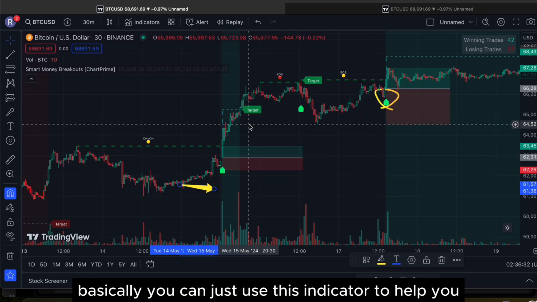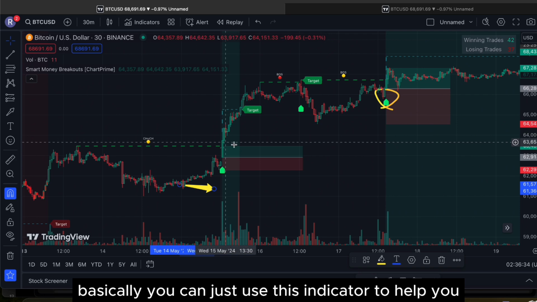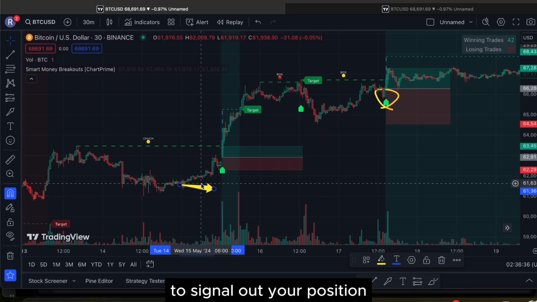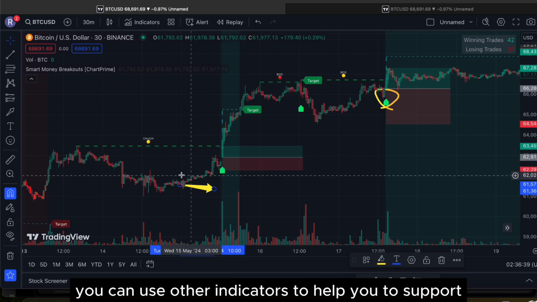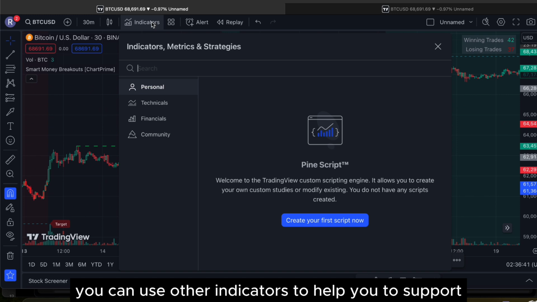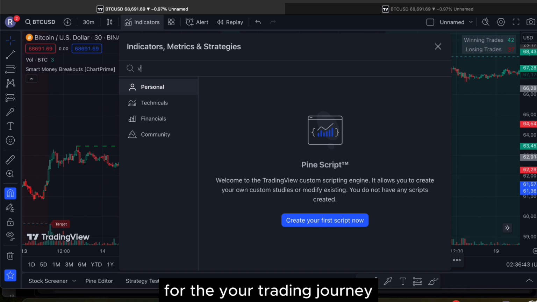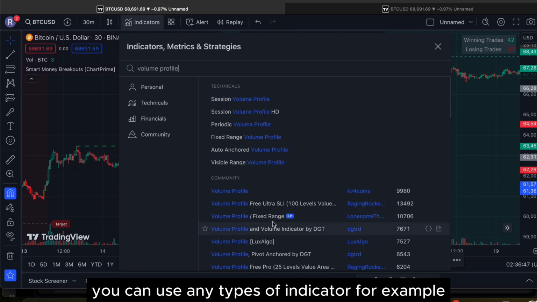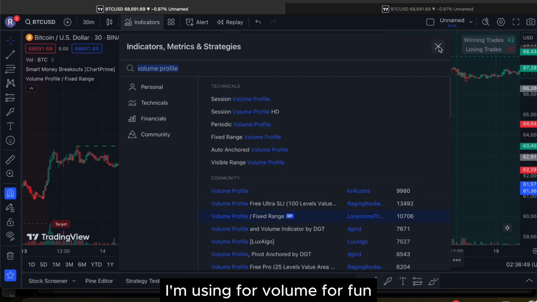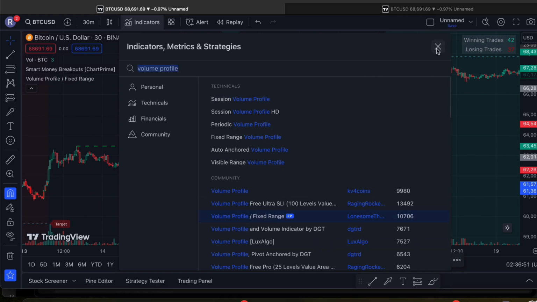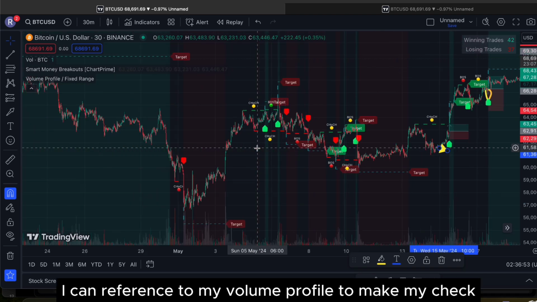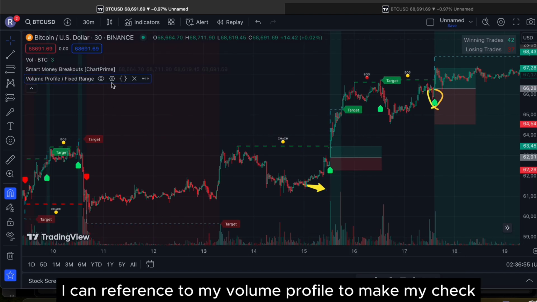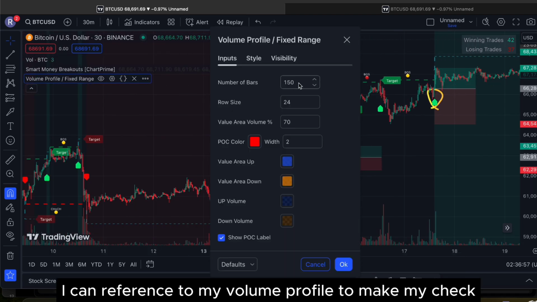So yeah, you can just use this indicator to help signal your position, and you can also use other indicators to support your trading journey. You can use any type of indicator. For example, I'm using volume profile, so I can reference my volume profile to make my trade.